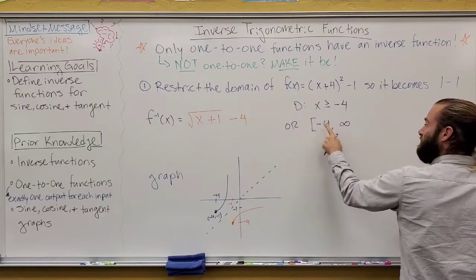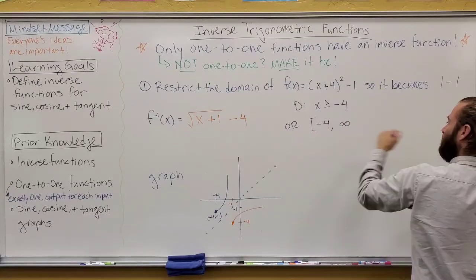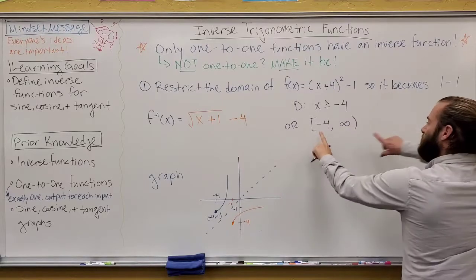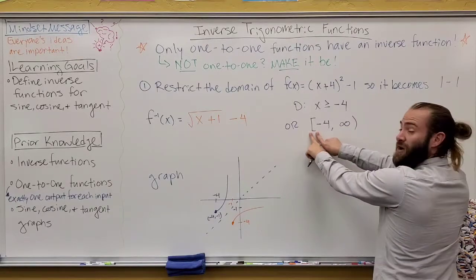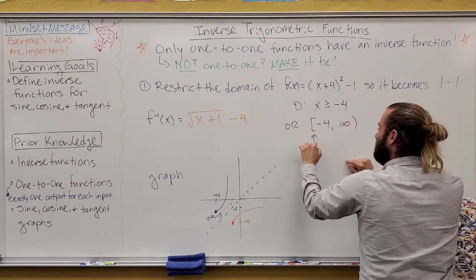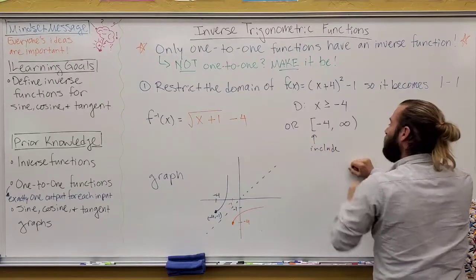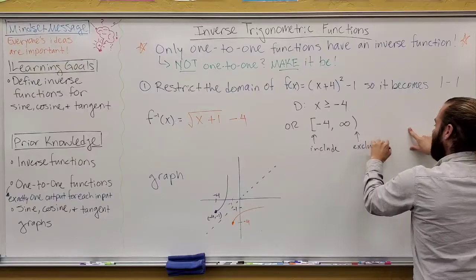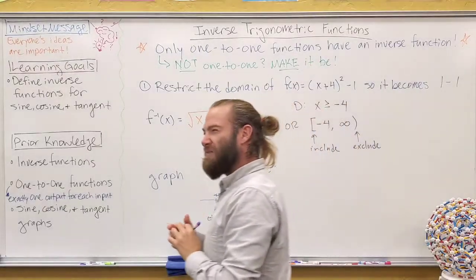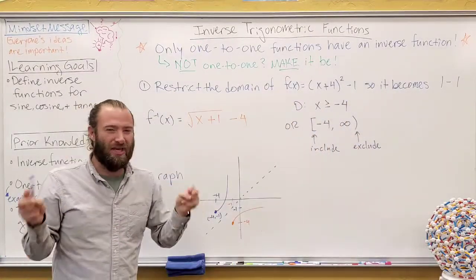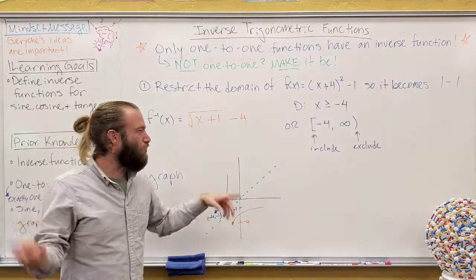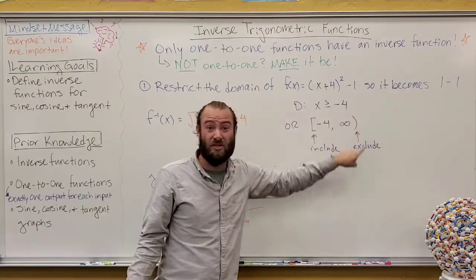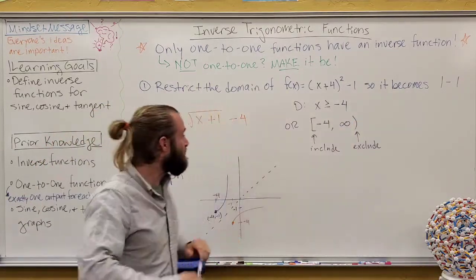This just means from -4 all the way forever to infinity. And the reason these two brackets are different, if we have a hard bracket, that means include that number, and the soft bracket means to exclude it. Infinity, since it's not an actual number, we can't technically include it, which is why it's standard procedure to use the soft bracket, the parentheses.